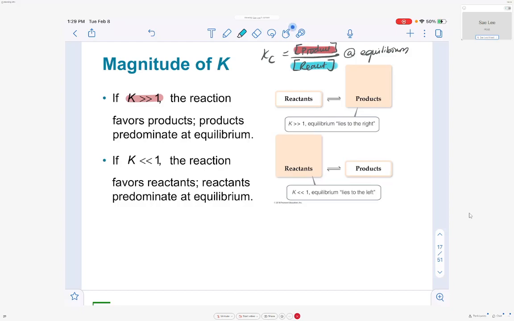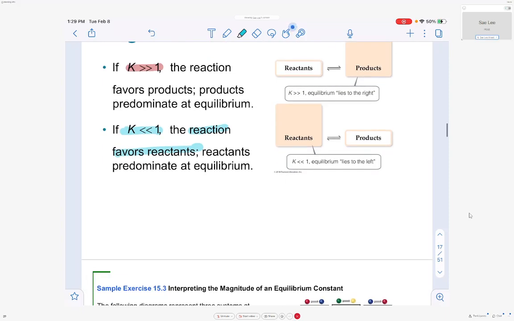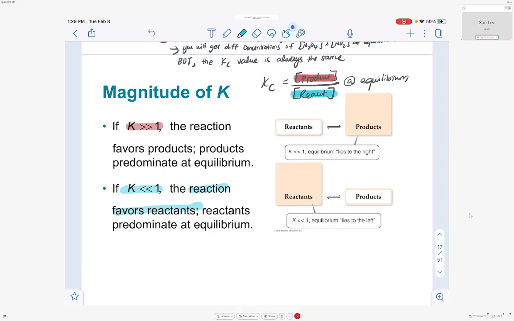In this case, we say equilibrium lies to the left side, or we say reactant predominates. Okay, so for reaction and reverse reaction, the rates are the same, but the concentration of product or reactants during the equilibrium state can vary. Okay, and that's what the magnitude of K tells us.